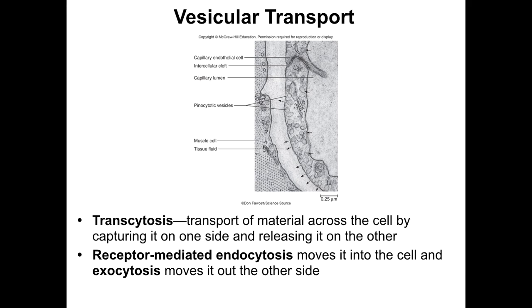Exocytosis and endocytosis can be combined. This is a process called transcytosis, and it does happen in your body, particularly in your intestines. Your stomach doesn't really absorb many nutrients, but your intestines do. So in your intestines, you need to absorb lots of nutrients. Those nutrients need to go to the blood.